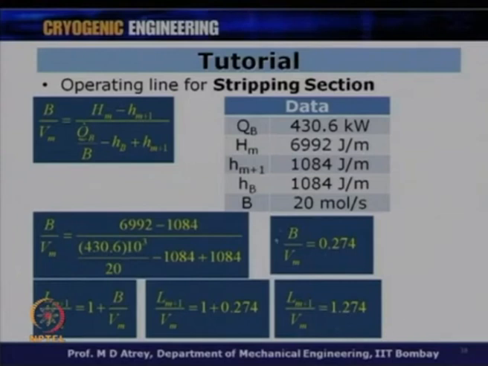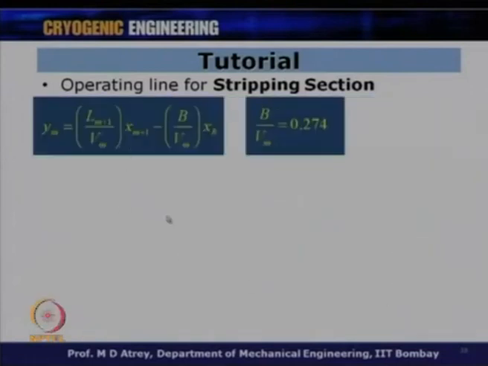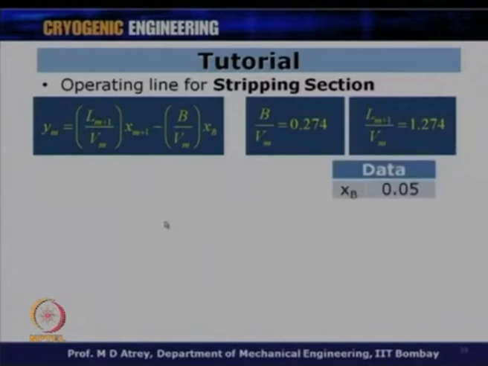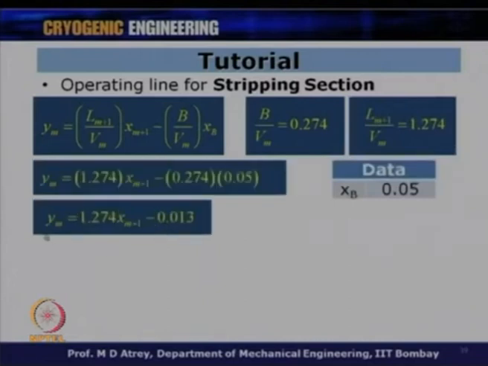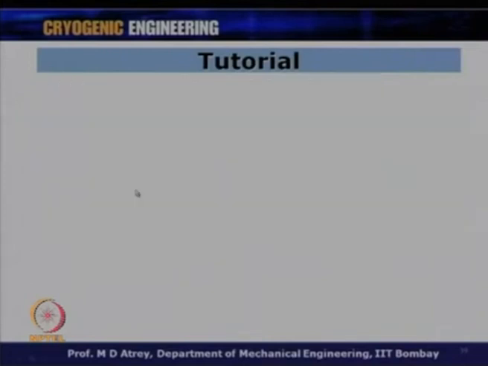What is important is to calculate B by V. Once you get B by V, calculate L by V. Okay. So, now I know the slope of the operating line for the stripping section. I will put these values as I have done for the earlier values. Putting all these values, what I get is the equation for the operating line of the stripping section. So, this has a slope of 1.274 and a y intercept of minus 0.013. So, again I could draw the operating line for the stripping section.